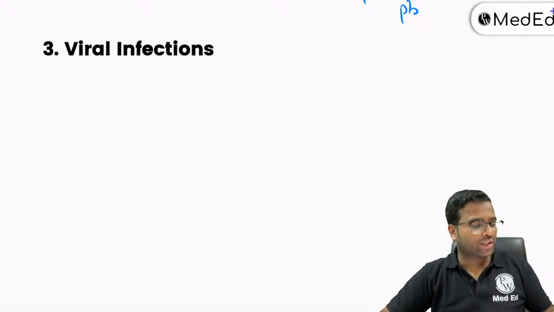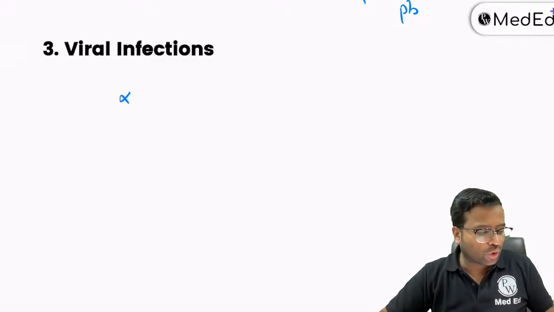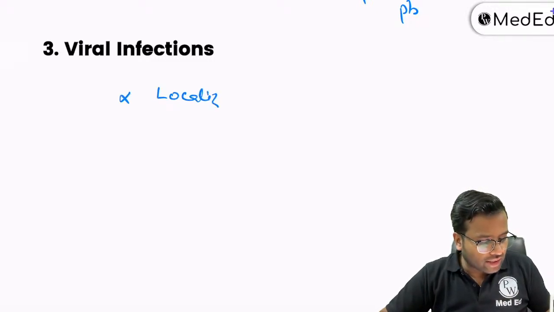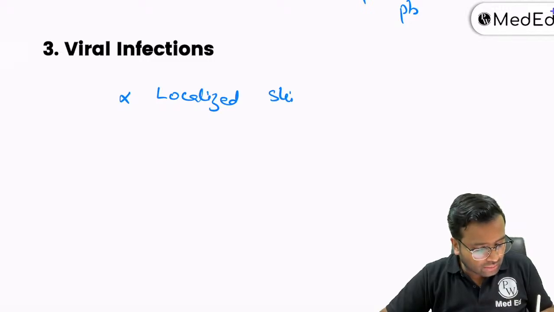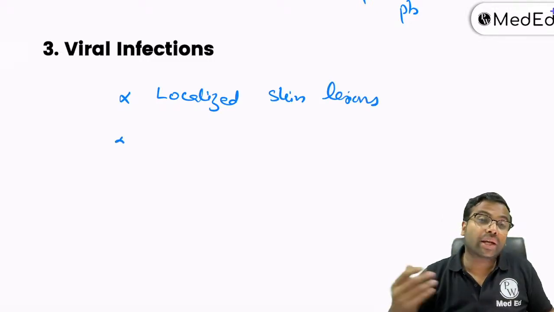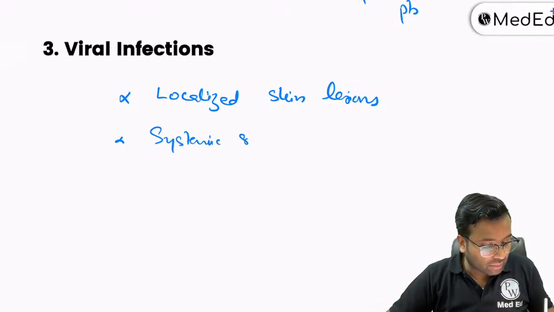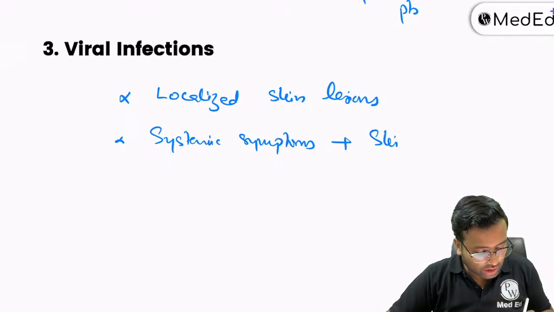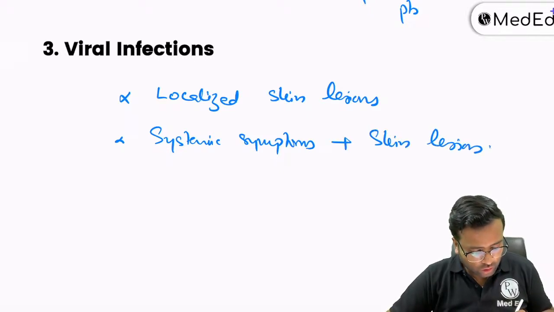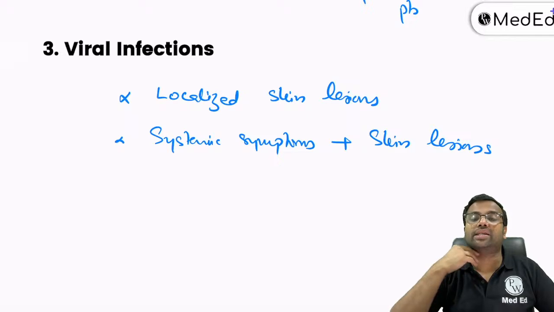Because viral infections, again, can present with localized skin lesions, or the patient can present with systemic symptoms along with skin lesions. So generally or broadly speaking, that is how a patient can present to you, isn't it?